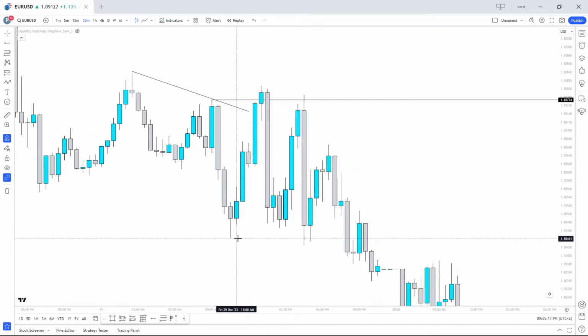It didn't pierce through this low, and this is like an order block, I think, right here. From right here to here, and this is like a reaction, and then it goes up, but it didn't pierce through this, which means this is also a reaction of a reaction.